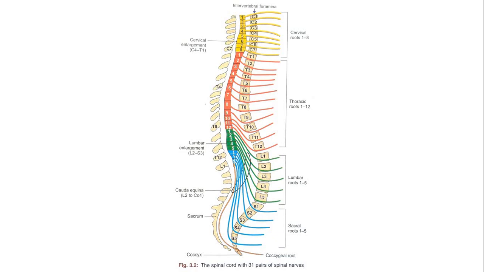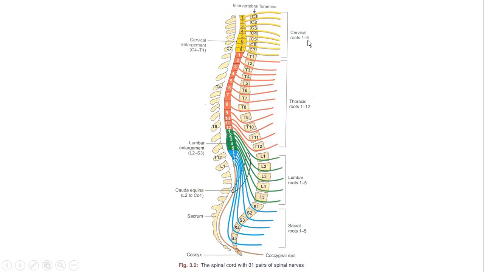For example, we can count the vertebral column by palpating the spines. So if you palpate the C7 spine, here you can see the C7 spine, you have to add 1, that is C7 plus 1, that is C8.